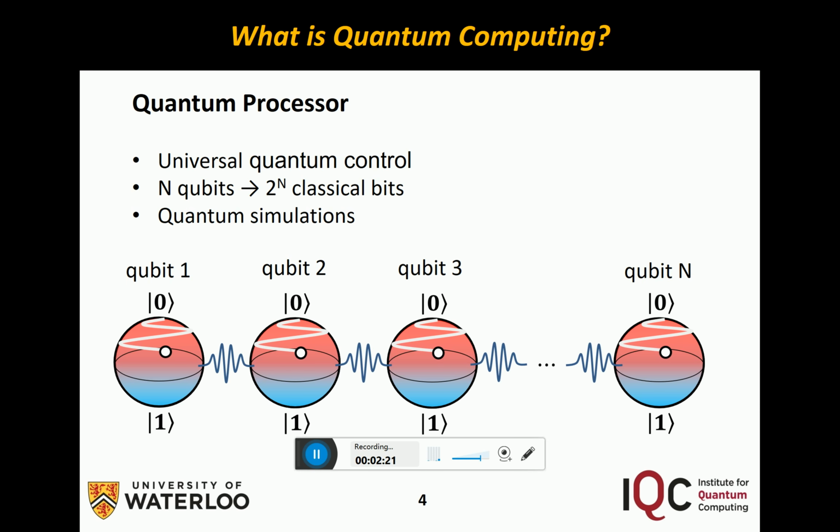And we'll go back to this idea towards the end of the presentation. Now, a very natural application of quantum computation is to do quantum simulations, because essentially there's a linear mapping between the size of the system you want to simulate and the number of qubits that you need.